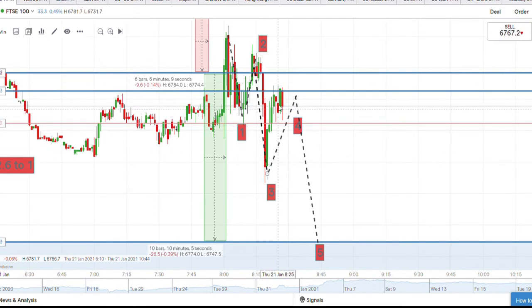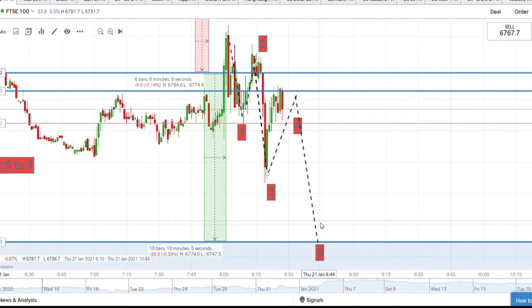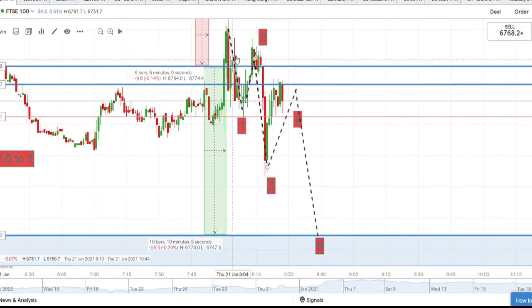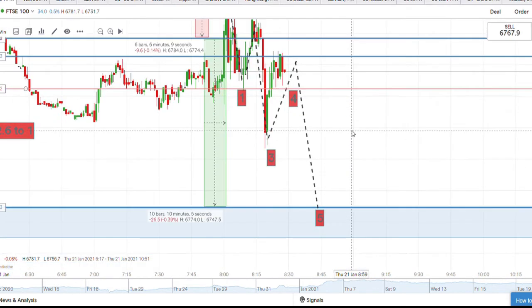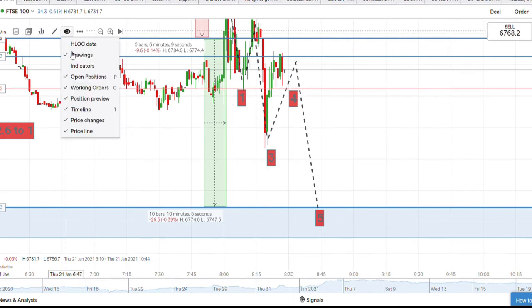So it could be 1, 2, 3, 4, 5, and that would make one big 3, and then you'll go up for 4 and one more down. But anyway, that's how I would map out the Elliott wave structure. See what happens, and I'll just hide the drawings.